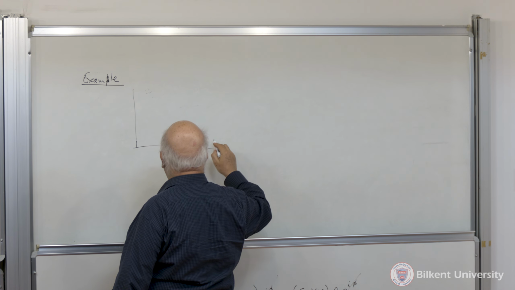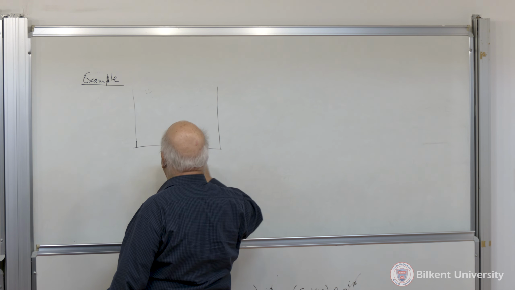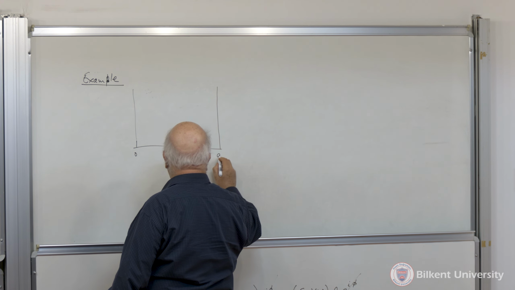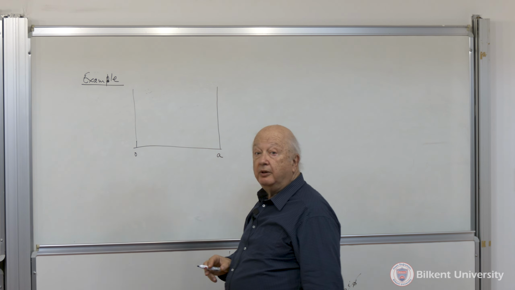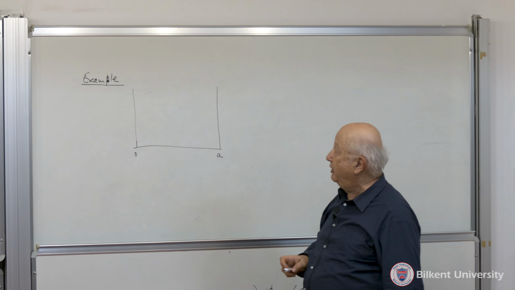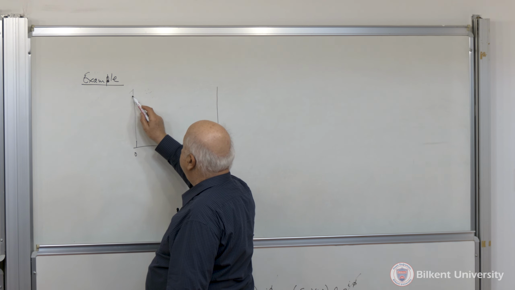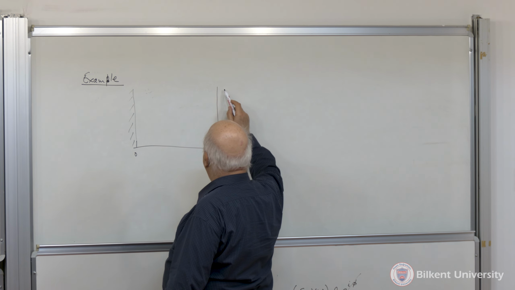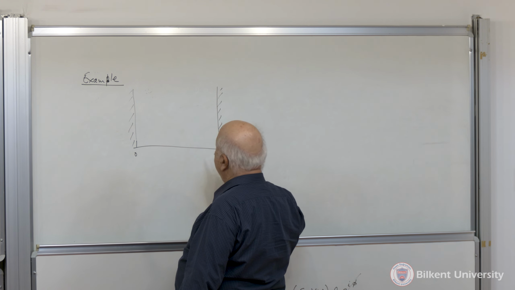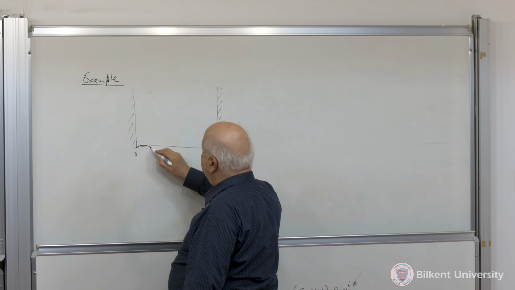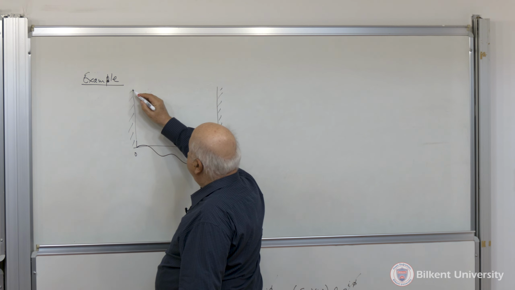Suppose I have a box, from 0 to A. I have infinite potential here, infinite potential there, and in the middle I have some arbitrary potential. So that's my V of x.